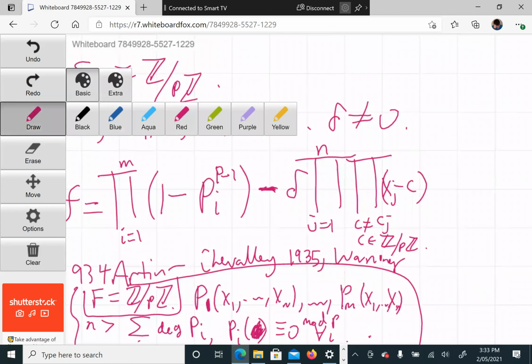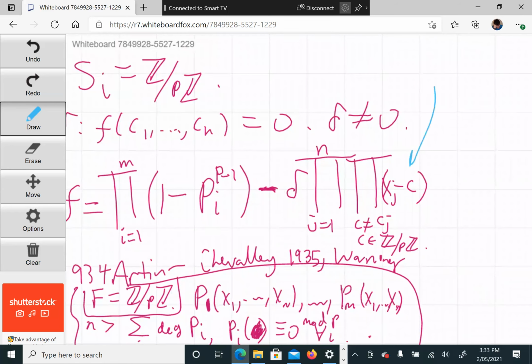Let me start a different color now. What's the degree of this term? It should be easy to count, right? N times P minus 1. Yeah, N times P minus 1. What's the degree of this term?